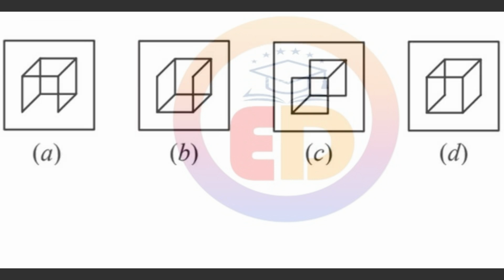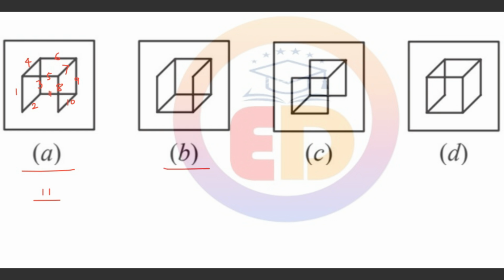Moving on to the next example, let's find out the odd figure. If you look at the first figure and count the number of lines, 1, 2, 3, 4, 5, 6, 7, 8, 9, 10 and 11. So in the first shape there are 11 line segments, or straight lines.